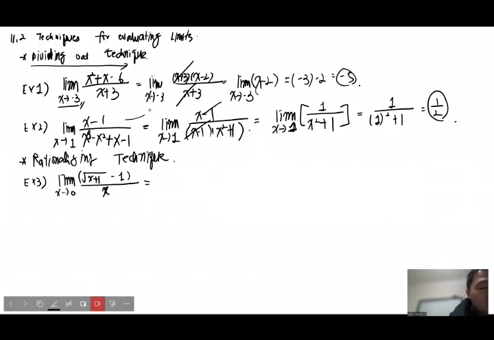So we multiply by the conjugate term to the numerator and denominator.